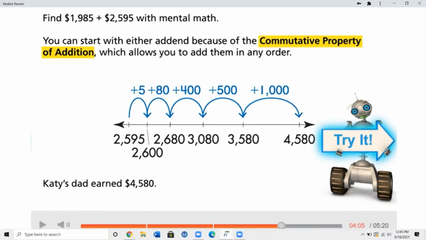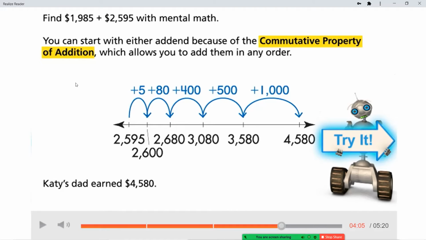One of the things that you need to pay attention to when you're following along with this add-on strategy: if we're starting with 2,595, that means we're going to take the 1,985 and break it apart. The jumps they made weren't just random numbers. These are 1,985 broken apart. So you want to add it in parts that make your number whole and easy. 2,595 plus 5 gives you 2,600.